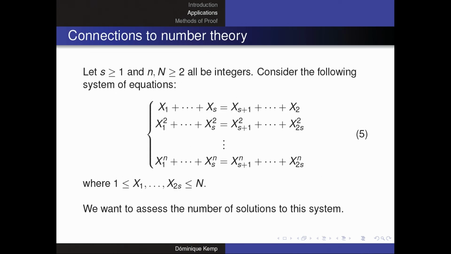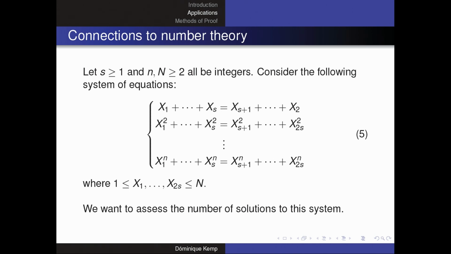Okay, there are connections to number theory in addition. So if you take a system of equations of this form, just a standard system of Diophantine equations, then you would want to assess the number of solutions to the system.